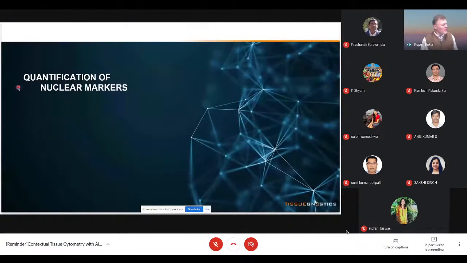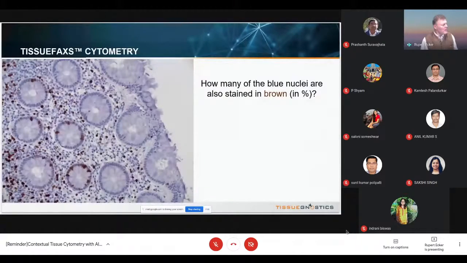Now, let's go into detail and give you an overview of the applications that are possible. Quantification of nuclear markers is a basic application that we always need. We see here a standard staining of a colon with an immunohistochemistry peroxidase staining protocol. In blue, we have the nuclei.